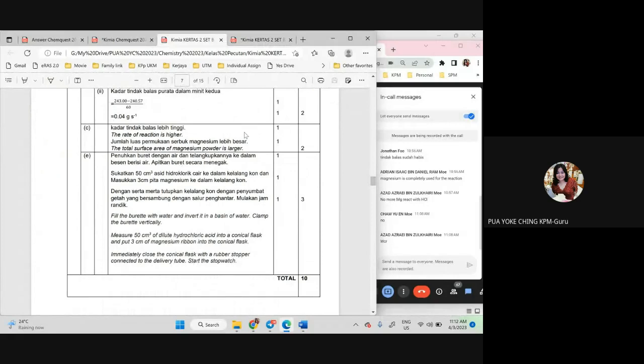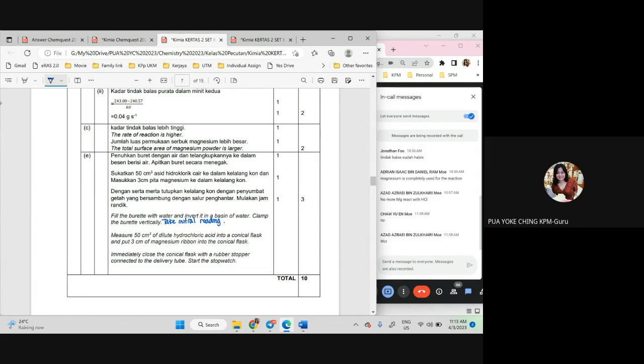So kalau pakai burette, step pertama, fill the burette with water and invert into a basin of water. Clamp the burette vertically, and then ada satu markah tertinggal, which is take initial reading. Okay, kalau pakai burette, first reading mesti baca. Okay, you must have the initial reading.